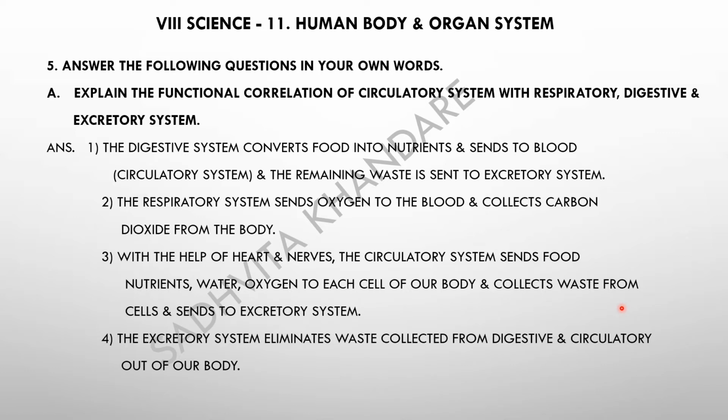And then it is also collecting the waste which it is sending to excretory system. And this waste is sent out through the kidneys. This way children, circulatory system coordinates with the respiratory, digestive and excretory system. All the systems are interconnected with each other.